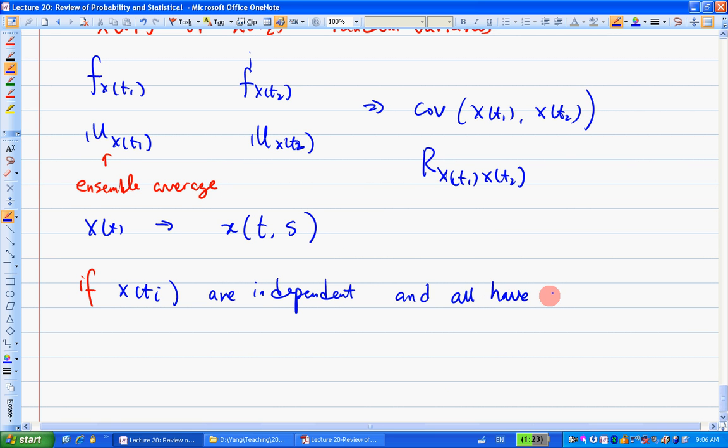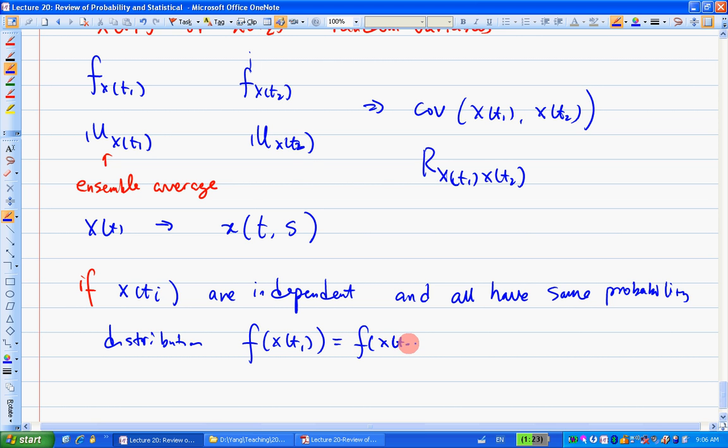They all have the same probability distribution or density function. So it essentially means what? F of x at t1 equals f of x at t2, and whichever you want.